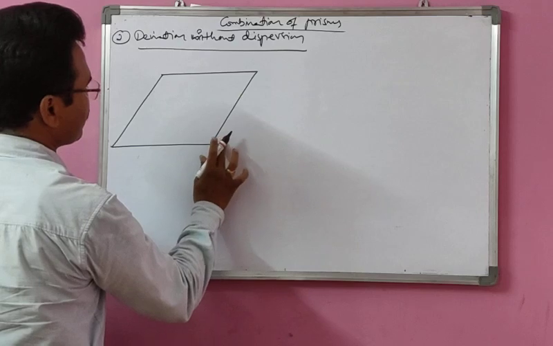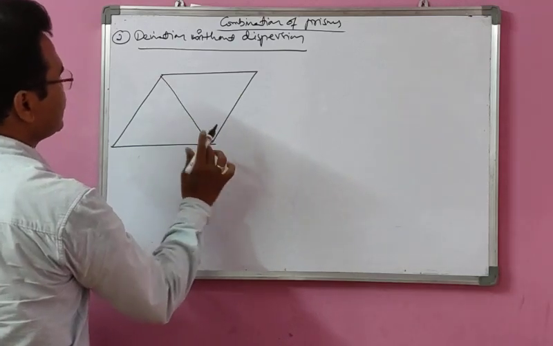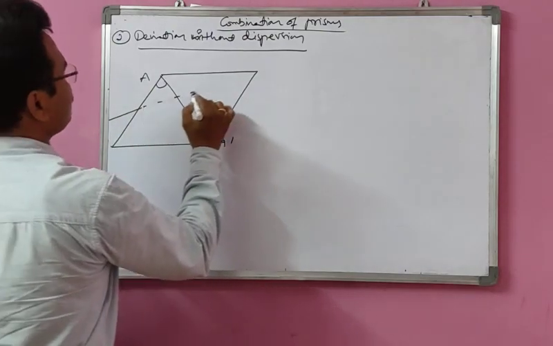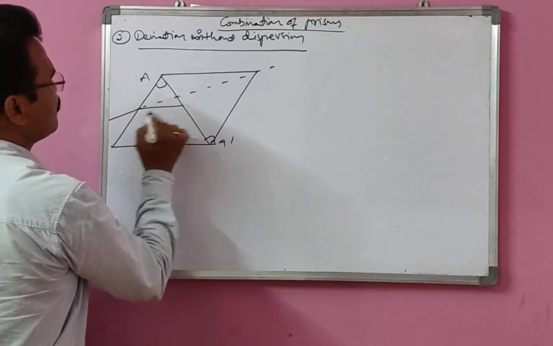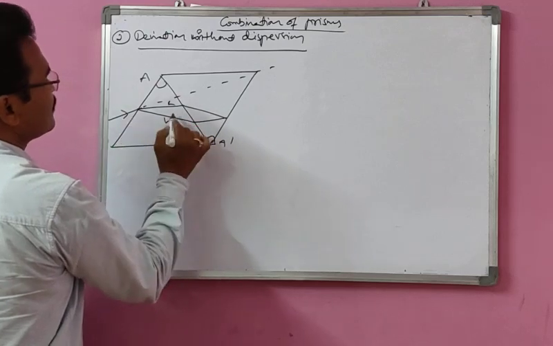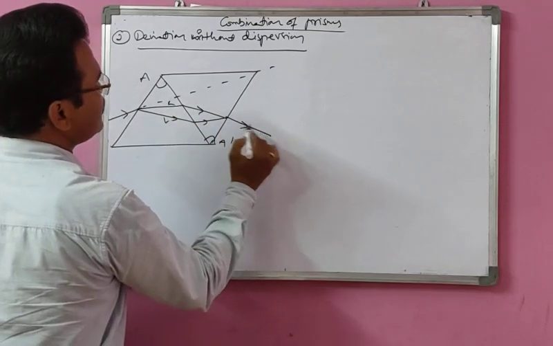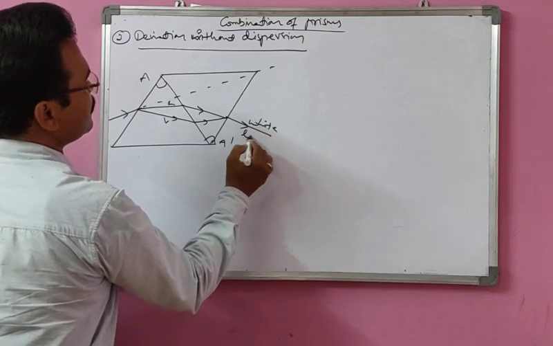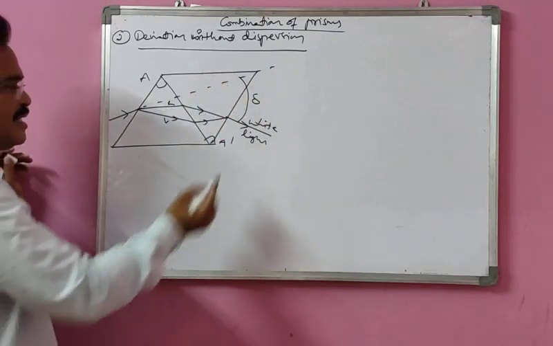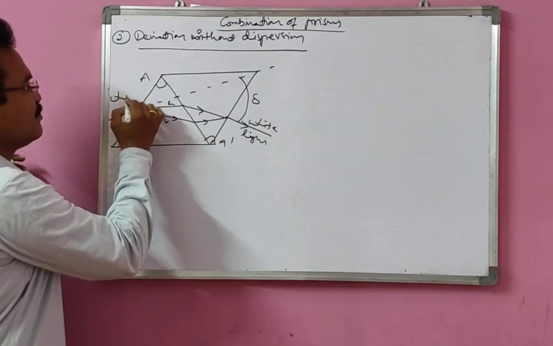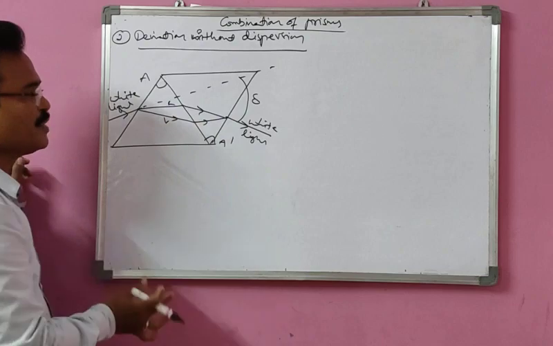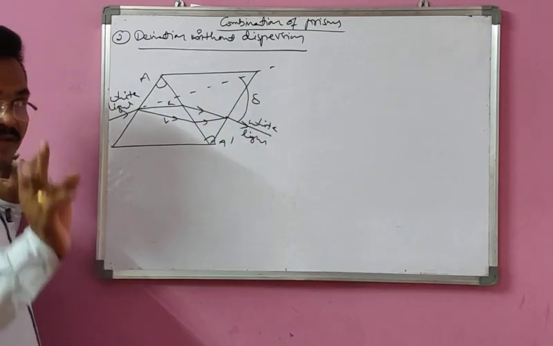They're placed like this. This has angle A, this has angle A dash. White light comes, this is the actual path of the white light. Here it splits into 7 colors, but here they combine again. This is red, this is violet, and again it comes out as white. But you can see there is an angle between the actual path of the white light and the emergent light. By combining these two prisms, the dispersion is gone, but the deviation is there.